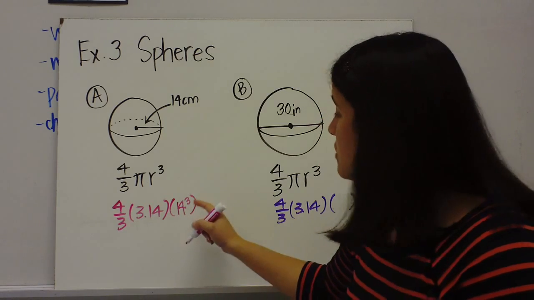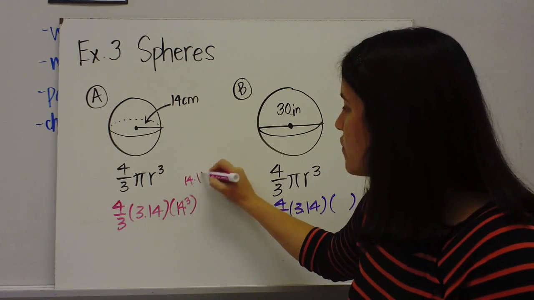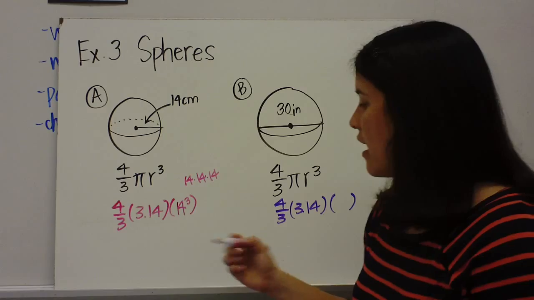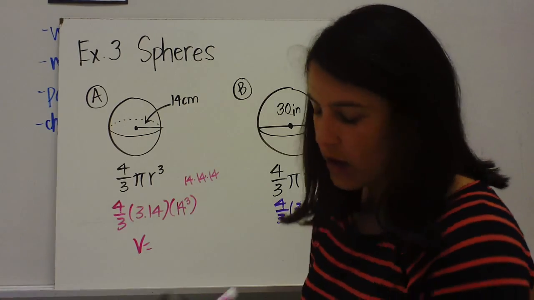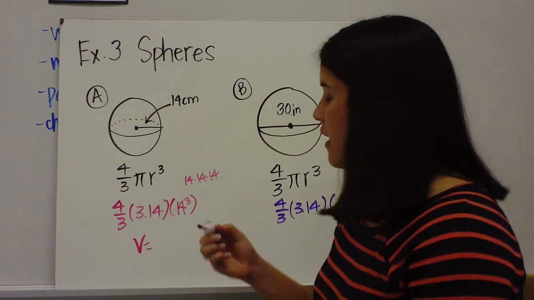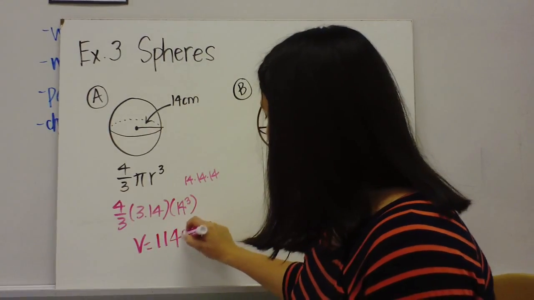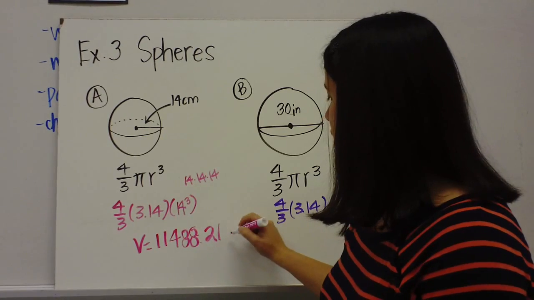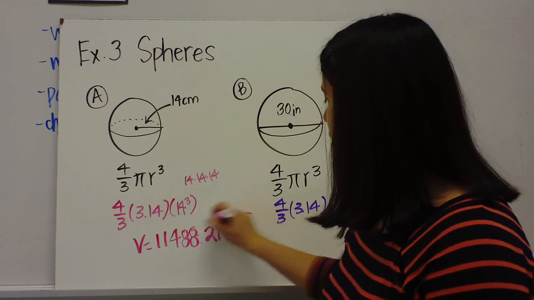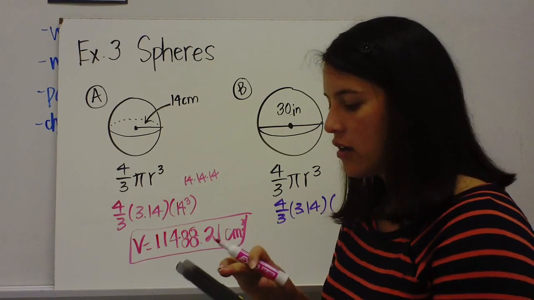If you don't have a cubed button, you could just do 14 times 14 times 14. And the volume is, big number. 11,488.21 centimeters cubed. Let me double check.